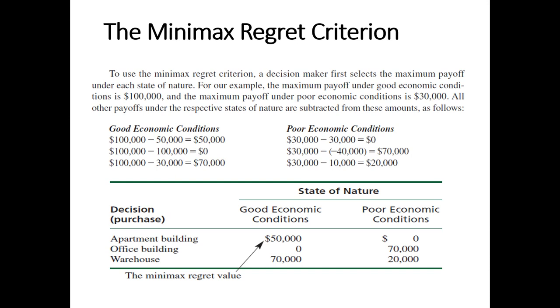You can see on the slide that in the good economic condition, all the values have been subtracted from 100,000. In the poor economic condition, all the values have been subtracted from 30,000. Question is why? Listen carefully, very important, because this is the main step to learn. If you understood this, then it's simple.